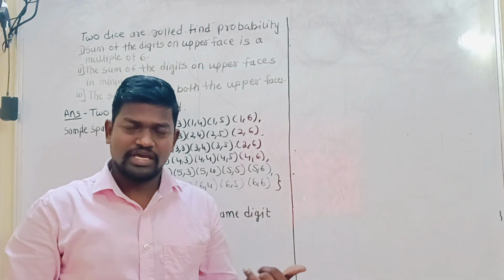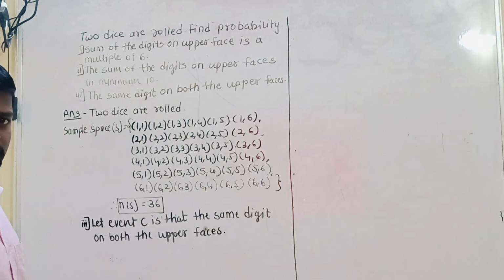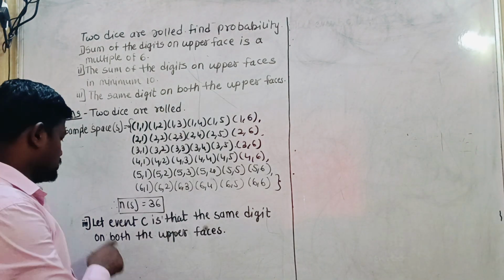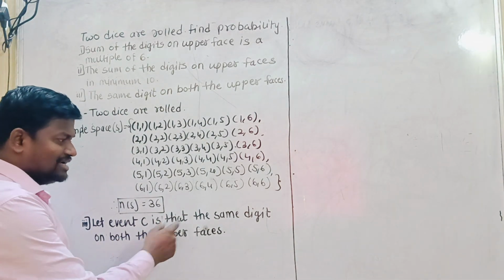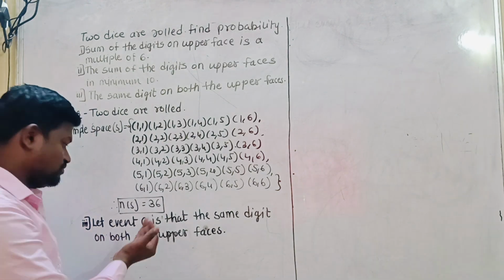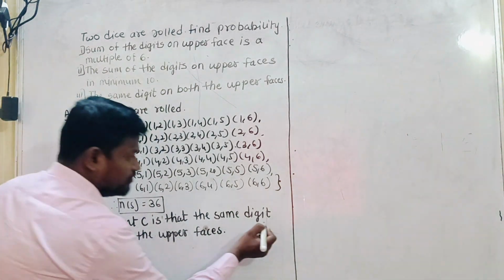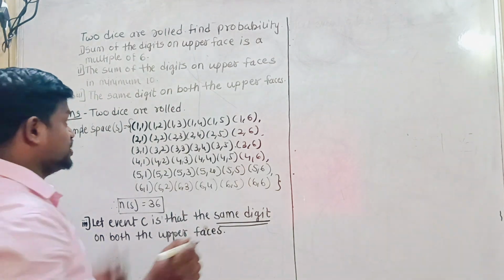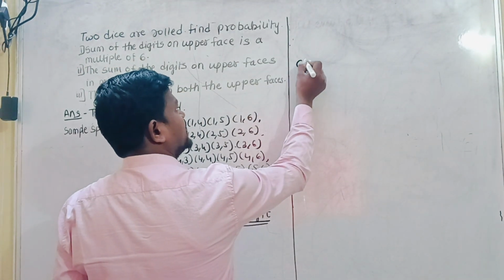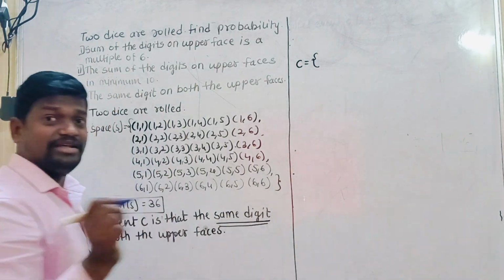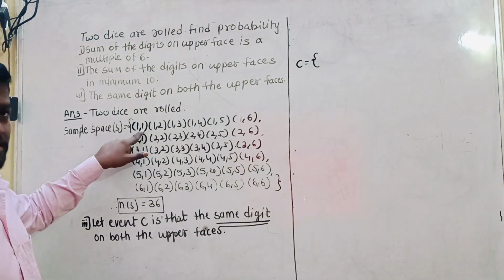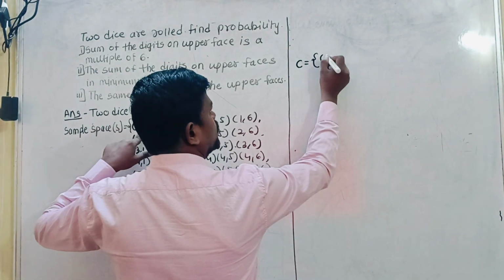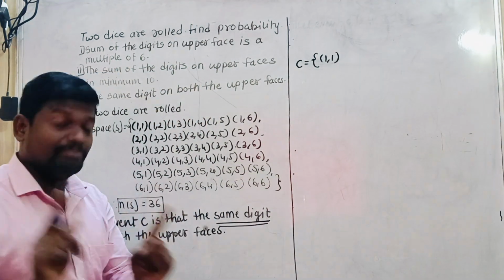Okay, so let's start our event C. Third event. Let event C be that the same digit is on both the upper faces. We have to find out same digits. So we write down here C. So same digit, that is 1 1. Both faces show same digit.